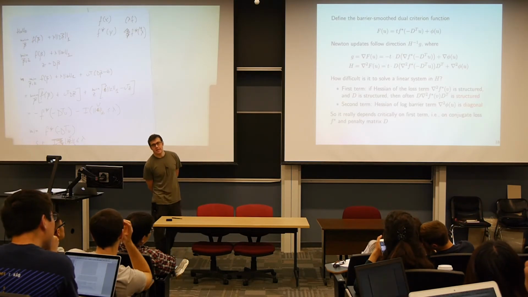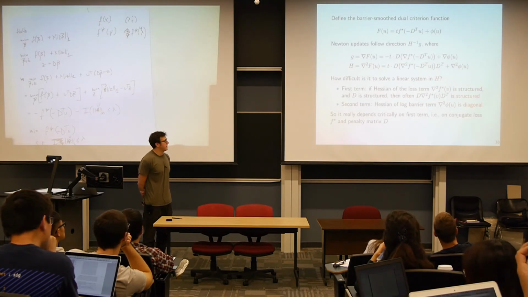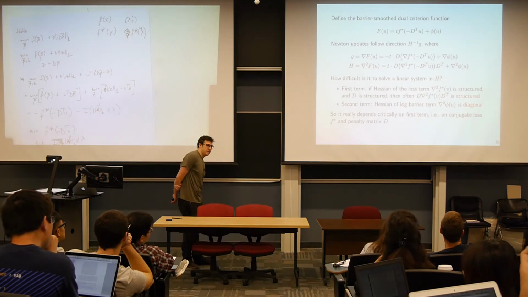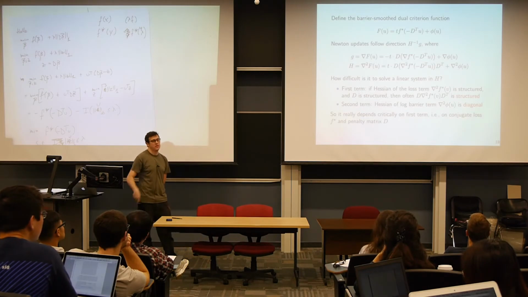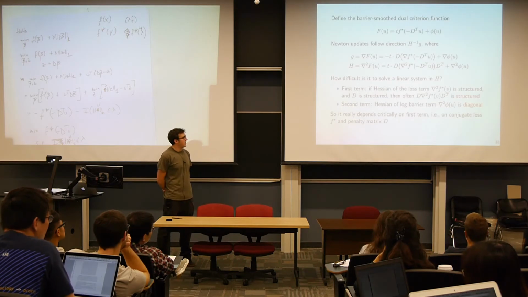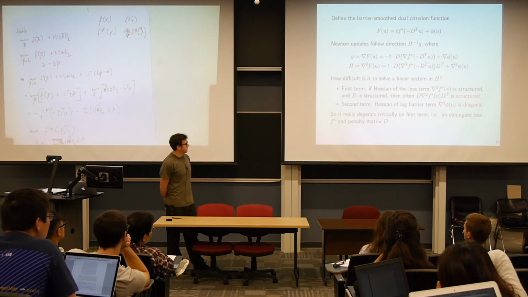The log barrier in this case has a very nice structure. In fact, the Hessian of the log barrier is a diagonal matrix. That happens just because the log barrier is defined in terms of an element-wise function in each of the coordinates. So when you have a function like that, and you consider the Hessian, you'll always have a diagonal matrix, assuming that it is twice differentiable.